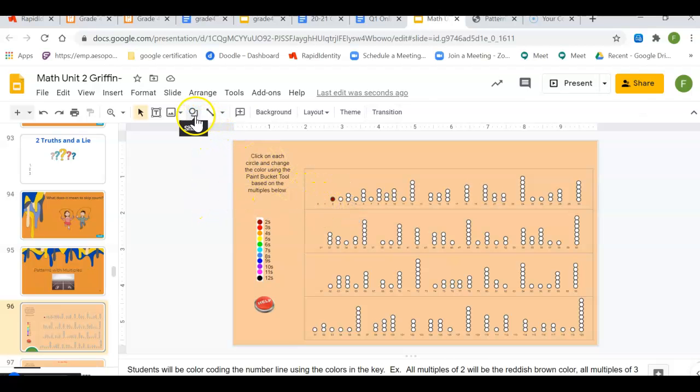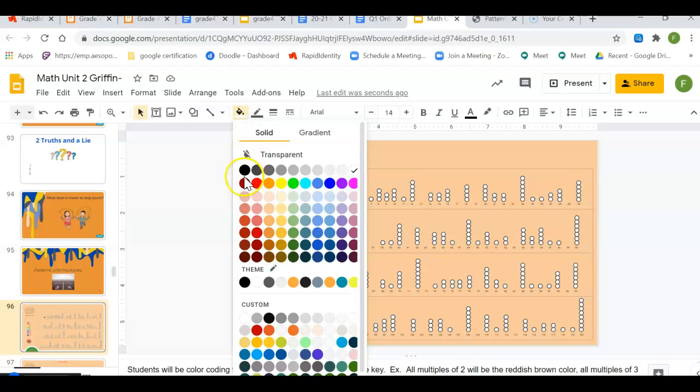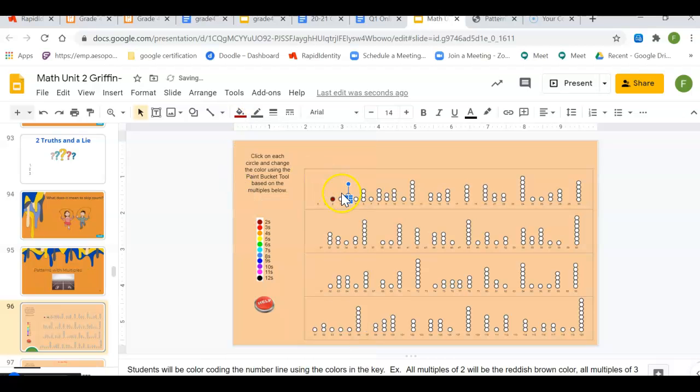And now we go back up to the fill color. So we have to click on it first. And then you go back up to the fill color, and we do that color again.